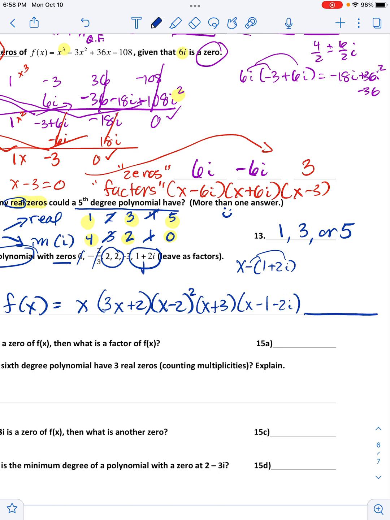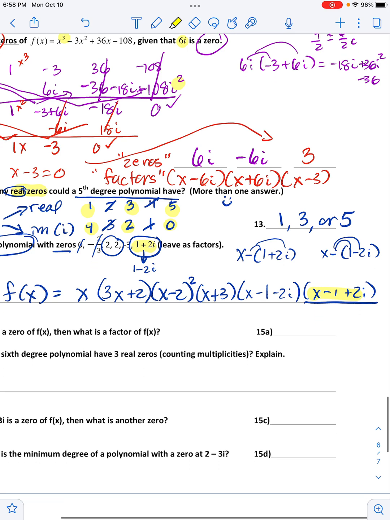If you are told that 1 plus 2i is a 0, then 1 minus 2i is also a 0. And the factor that would go with that would be x minus that 0 value, which will turn into x minus 1 plus 2i. So this one's kind of the sneaky one at the end because it's implied. As soon as you're given one imaginary, you know a second imaginary.